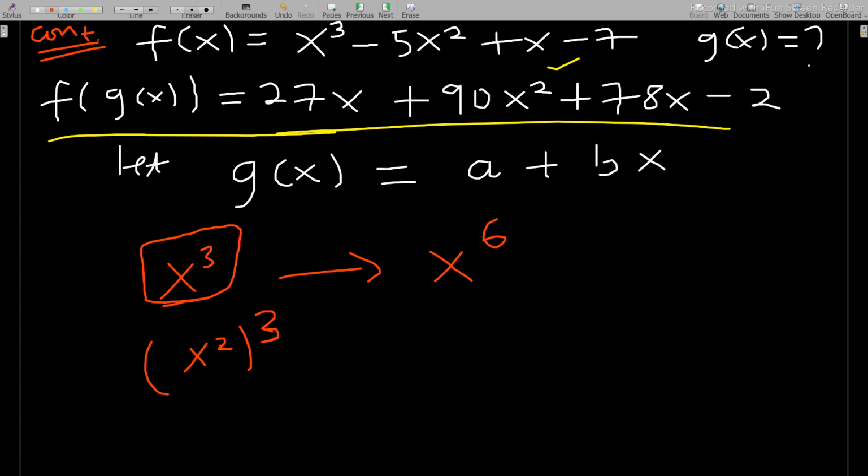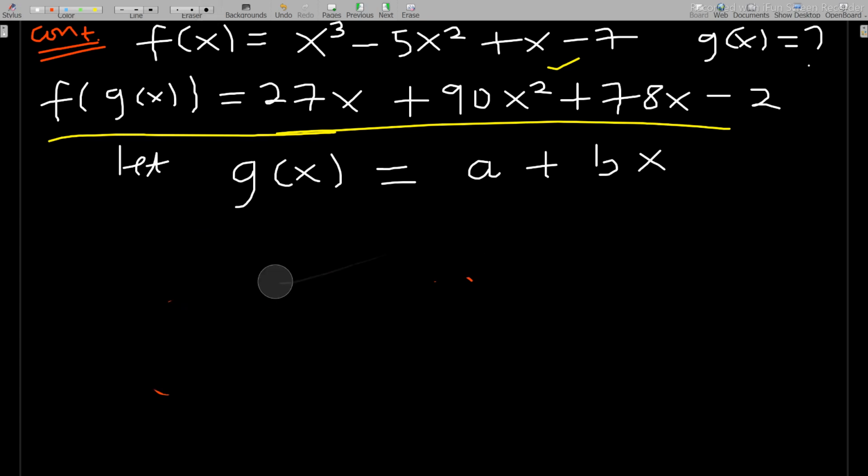So I'll have to write g of x as a general quadratic function. But here, we've been given it in cube, like the f of x. So we are good to go.